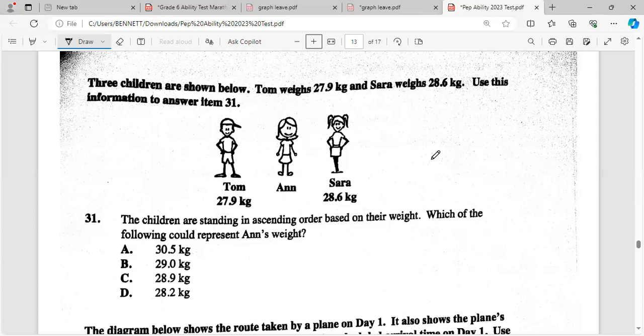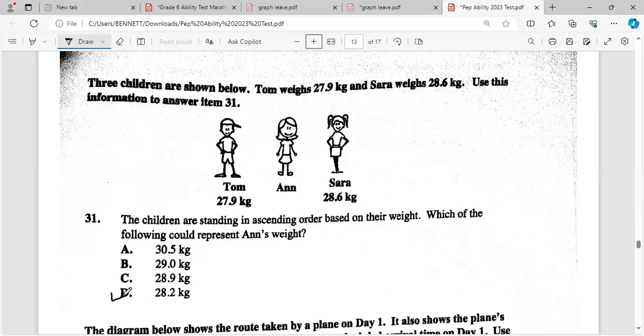That means Anne would have been in front of Sarah. So it could not be C, it could not be B, and it could not be A. So D would have been left alone. So D would be the answer. Do we agree? Yes, sir.